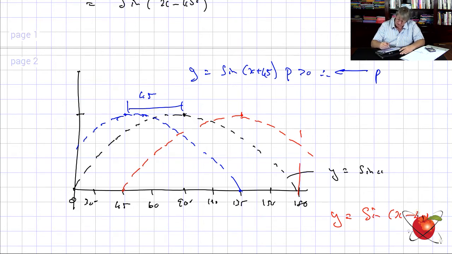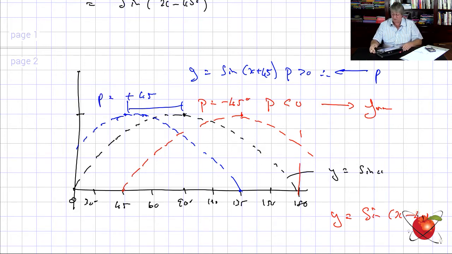This is moved. P equals minus 45 degrees. Therefore, if p is less than 0, the graph goes forwards. And just to finish that off, p equals plus 45.